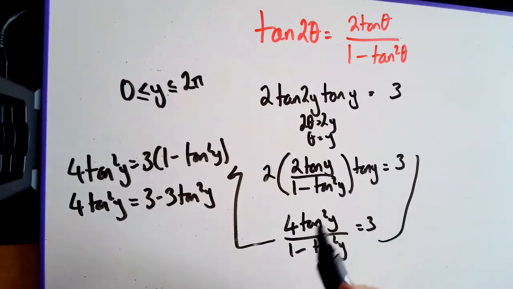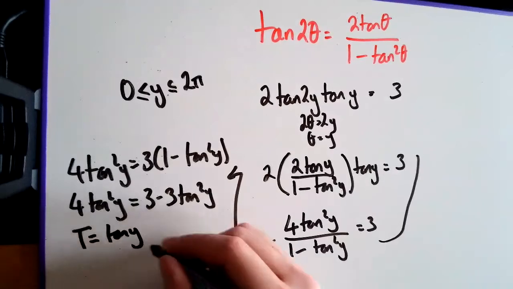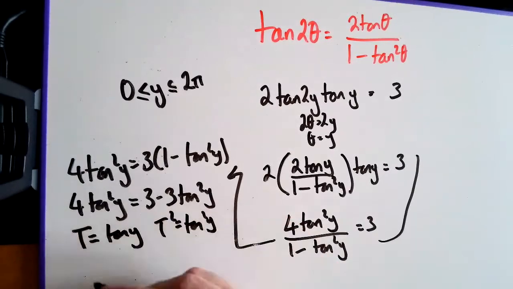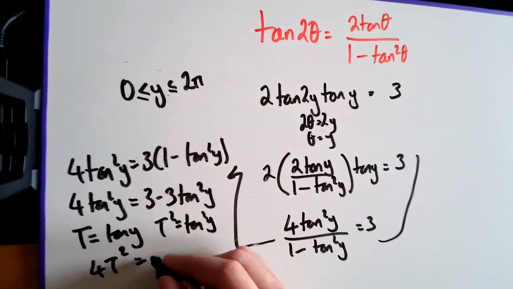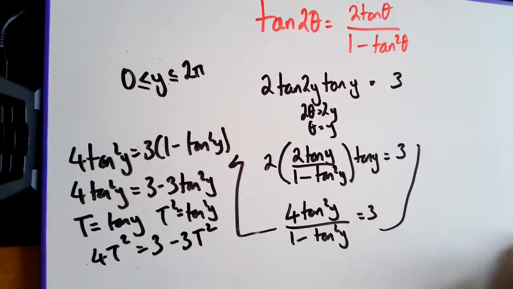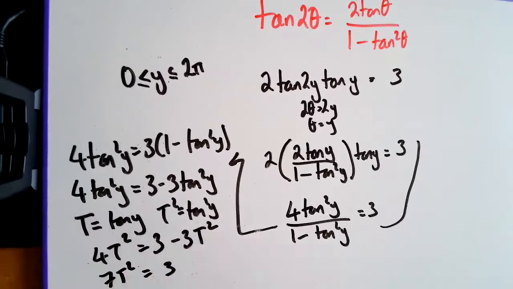Well, I've got tan squared y's, so I can just take the tan squared y to that side. Or if it helps, again, let's make a substitution: call tan y t, so t squared is tan squared y. Then we have 4t squared equals 3 minus 3t squared. So we get 7t squared equals 3.